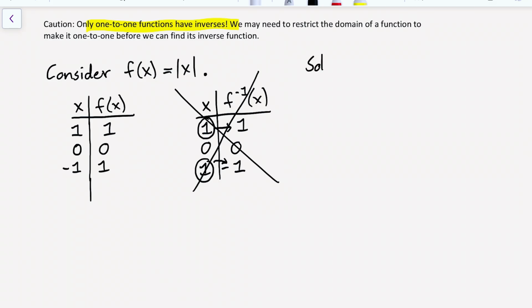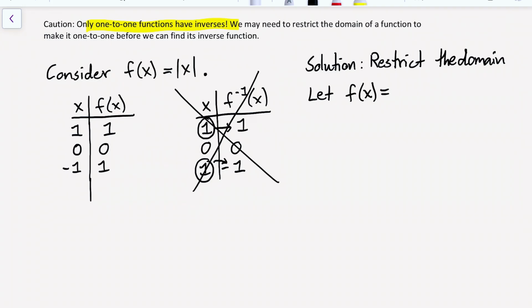We can get around this problem by restricting a domain. We'll look at this in more detail in a later video, but I want to say for now, imagine we take the same example and we simply say that we're only going to consider non-negative numbers.